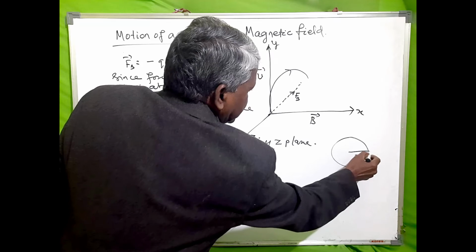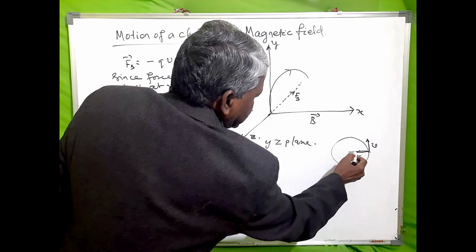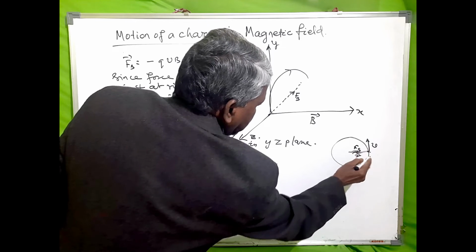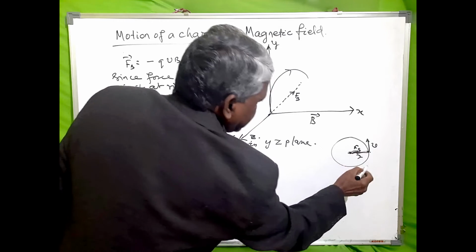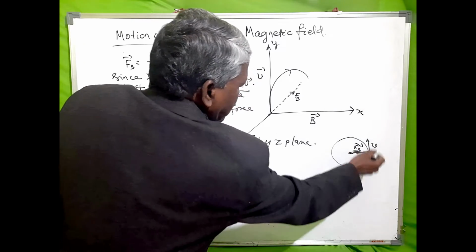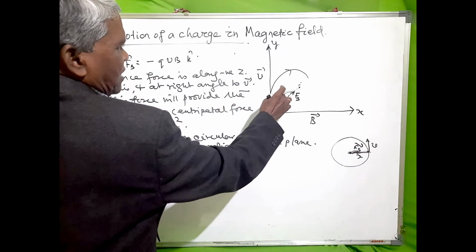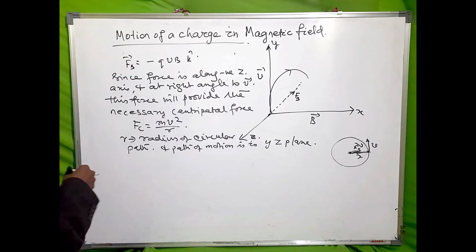Suppose r is the radius, v is the velocity, then centripetal force is directed towards the center. Therefore this particle will undergo circular motion in the yz plane.